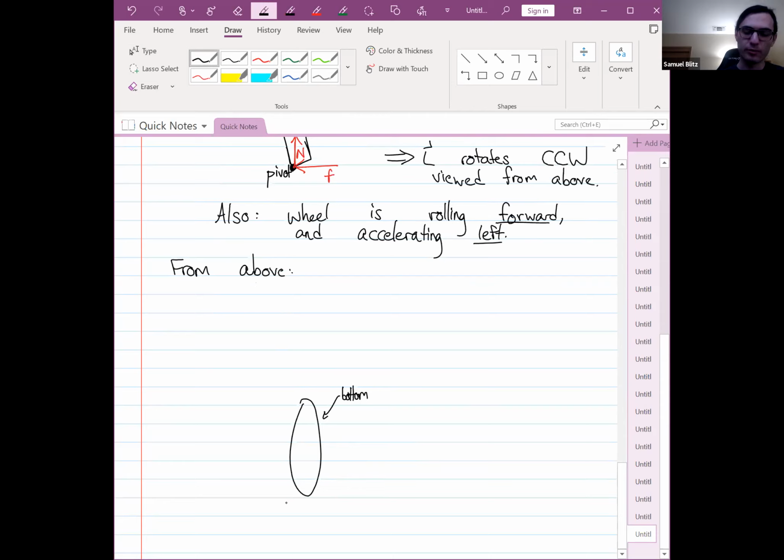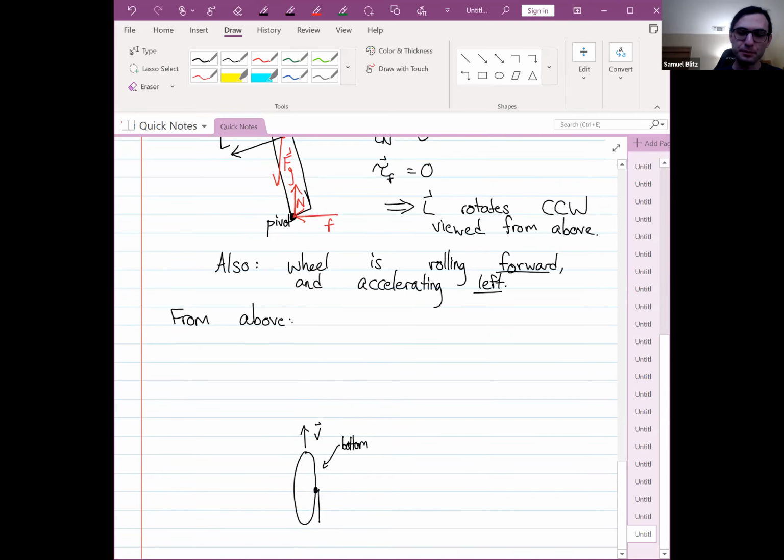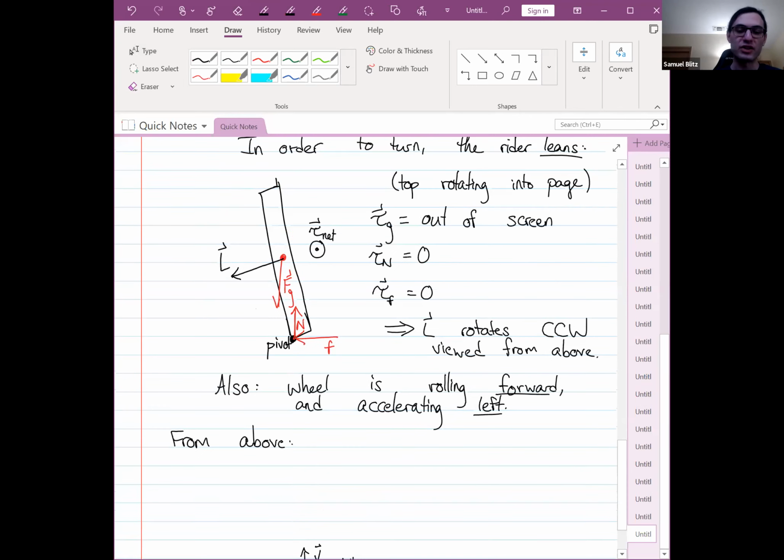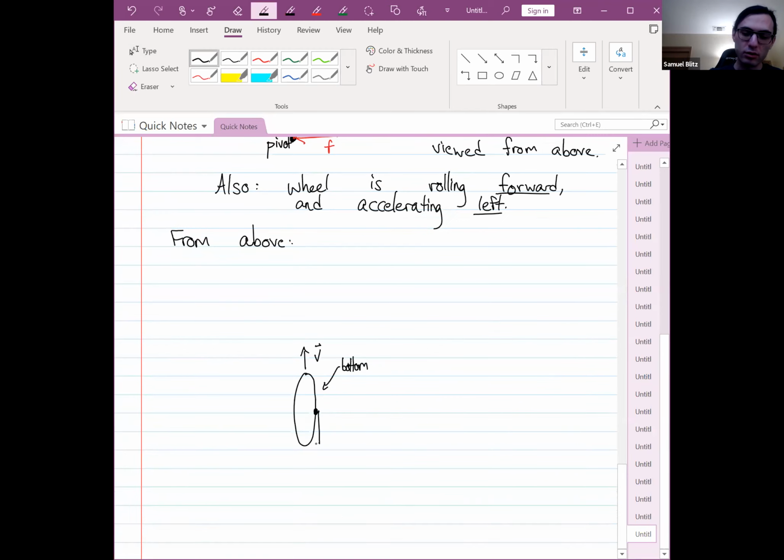So the wheel, okay, let's do this a little bit better. So the wheel is moving forward with some speed, with some velocity vector v. We know that there's a torque relative to the bottom of the wheel, which we knew points out of the screen. So if you're viewing it from above, that would be pointing down.